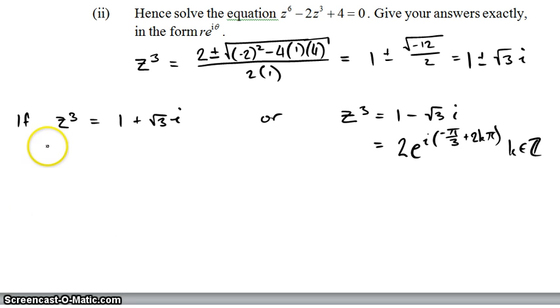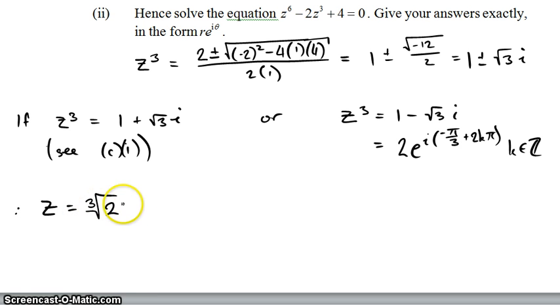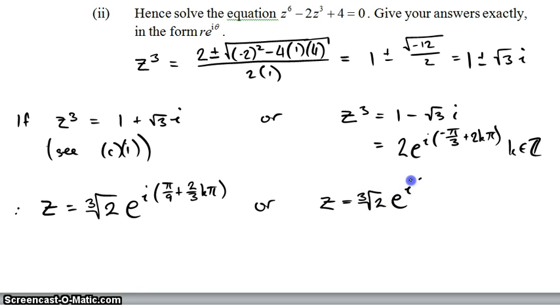So therefore, this part here, I'm just going to say C part 1. So therefore, z is equal to the cube root of 2, e to the i(pi upon 9 plus 2 over 3 k pi), or z equals the cube root of 2 e to the i(minus pi upon 9 plus 2 over 3 k pi).